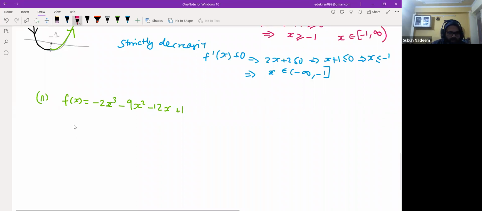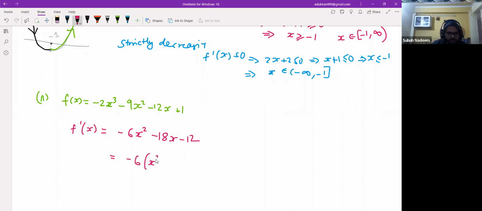So again, you will do the differentiation f dash x, and you write it as minus 6x square minus 18x minus 12. So minus 6 will be common, and it will be x square plus 3x plus 2.